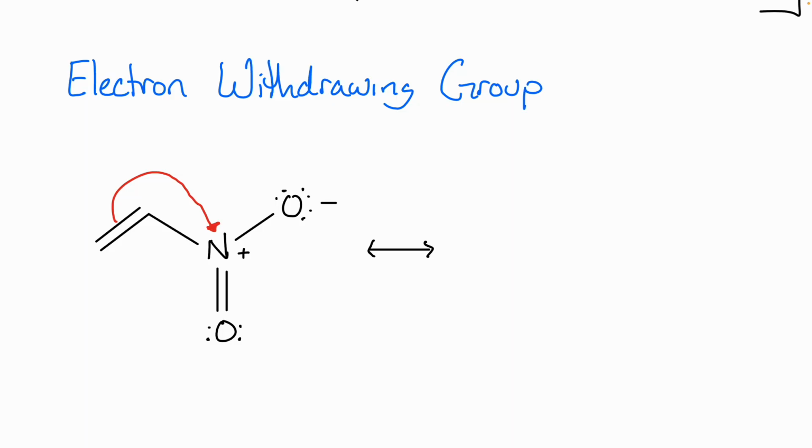Okay, but I can't stop there with that one arrow, or I'm breaking some rules here. What would be wrong with me just stopping with this one arrow here? 5 bonds on that nitrogen, right? So now I've broken nitrogen's octet by stopping there. So I've got to do one more jump, kicking that pair of electrons onto that oxygen.